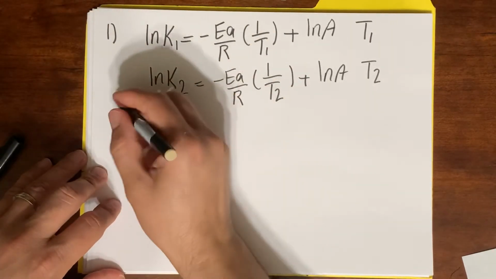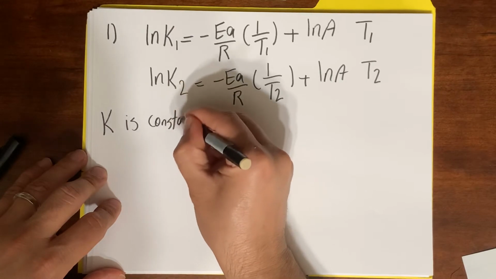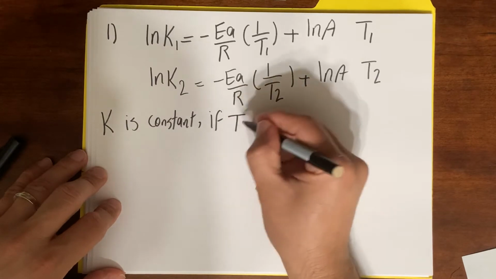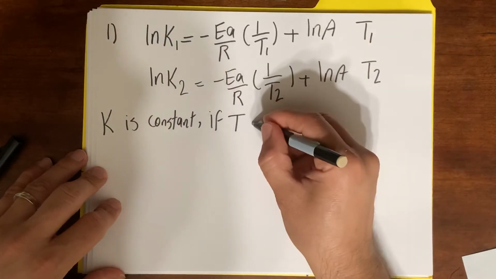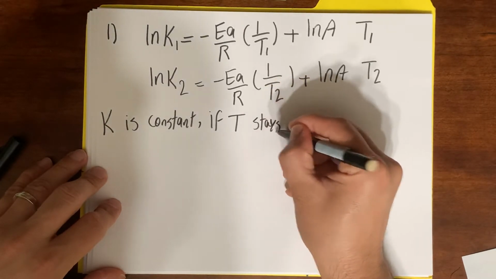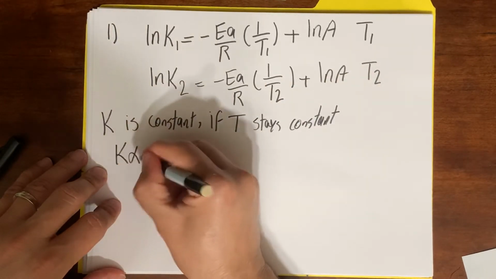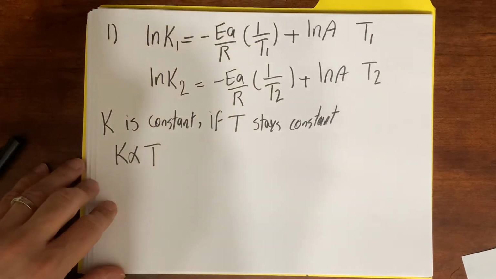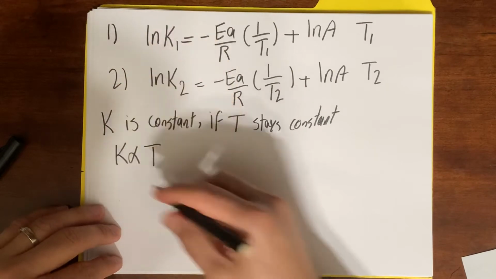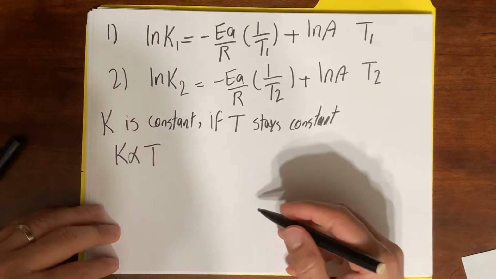Okay, so K is constant if T stays constant. K is directly subject to the temperature. I changed the temperature, so K is going to be a different number. Okay, let's subtract them. Let's subtract the first equation from the second.